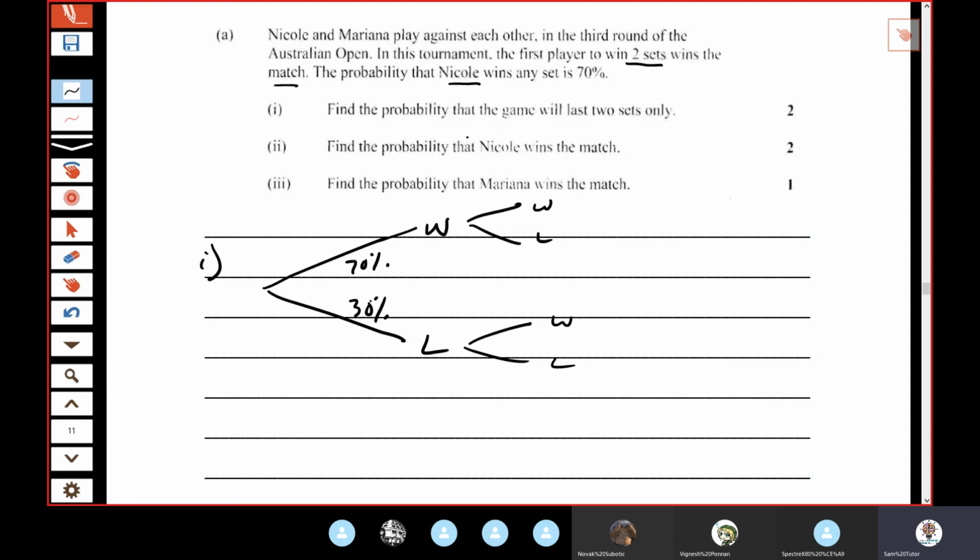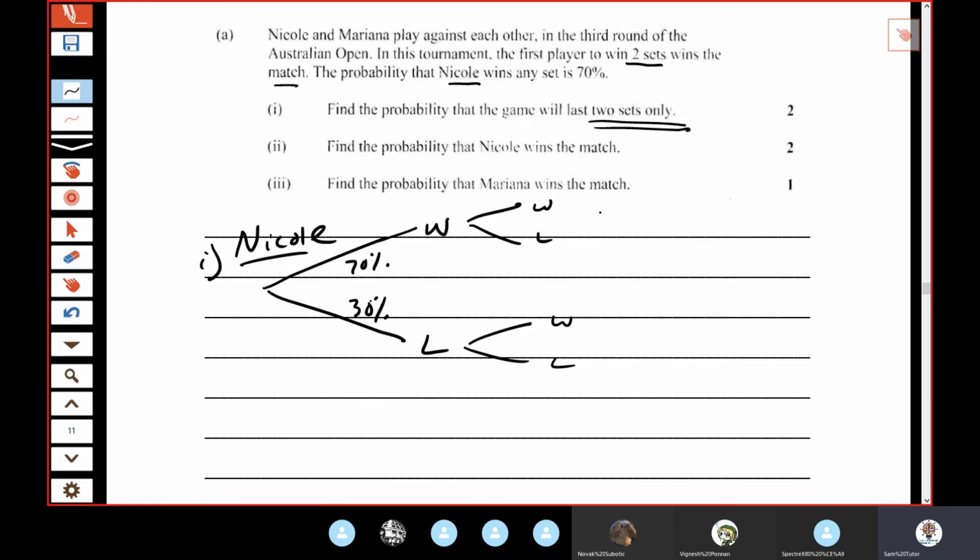So find the probability that the game will last 2 sets only. Okay, how would it last 2 sets only? What needs to happen? What do you guys think to do? Someone has to win twice in a row.